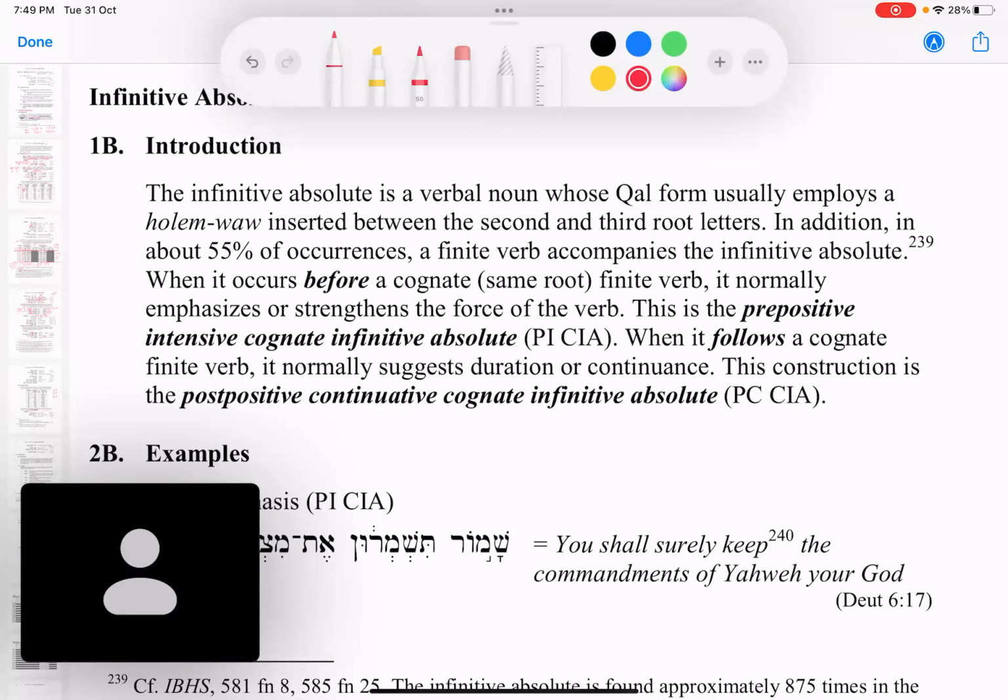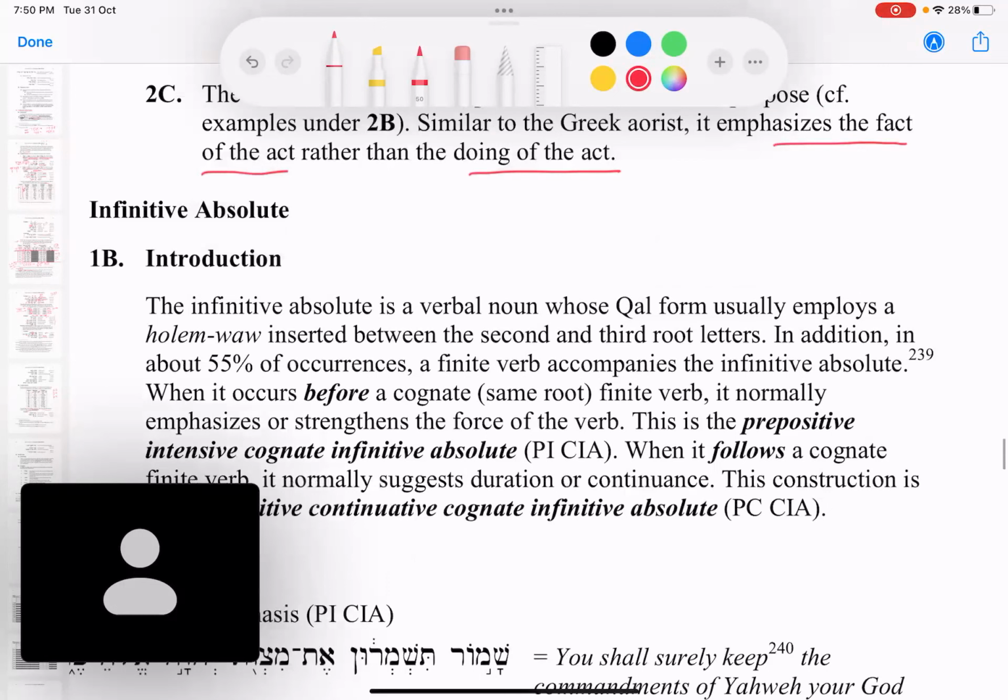In the passive participle and active participle, we have seen that for the active participle there is a holum or holum wow after the first root letter. Then for the passive participle, we have seen a shurek after the second root letter. But for the infinitive absolute, we see that the holum wow is inserted between the second and third root letter. So don't get confused between Qal participle.